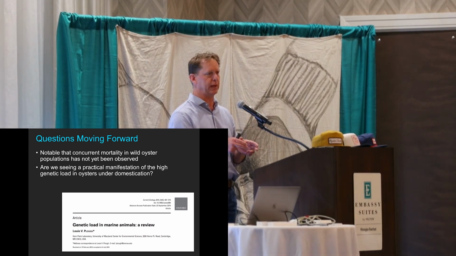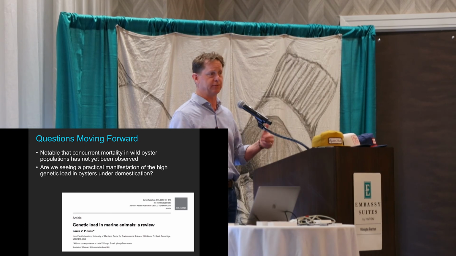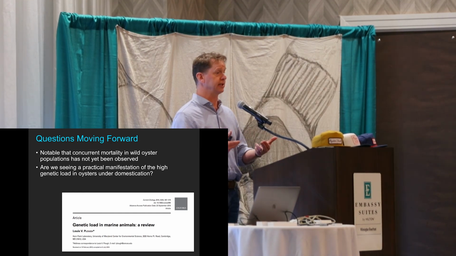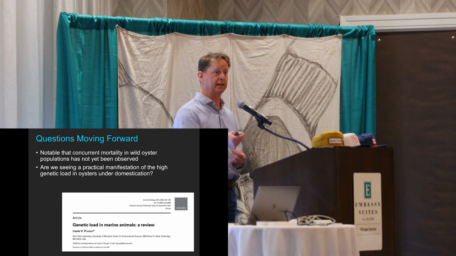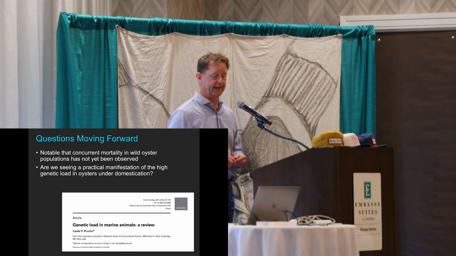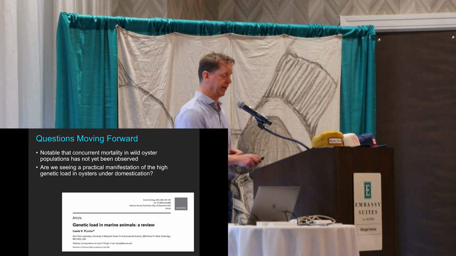Are we creating a situation where we have these deleterious recessive alleles that are coming together in a homozygous condition and reducing the fitness of these animals, maybe not under good conditions, but when conditions are more challenging, tipping them over into mortality? So I throw that out there really as just food for thought as we move forward, and that's all I have. I'm happy to take any questions if there's time.